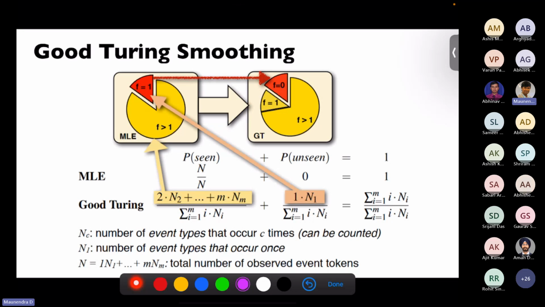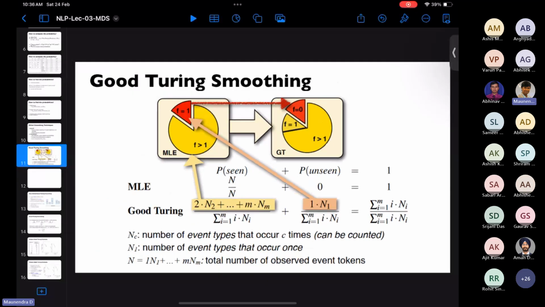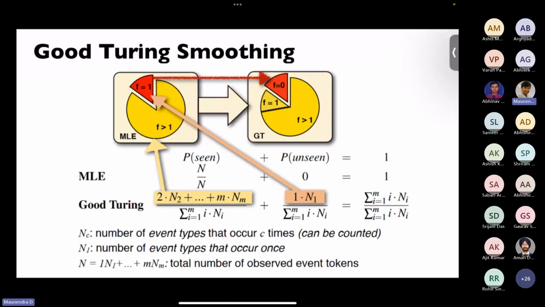Okay, so suppose we are talking about, yeah, thanks for pointing that out. For any gram, say unigram, bigram or trigram, for each possible gram, what is the frequency? We'll see there are some which have frequency 1, there are some which have frequency more than 1. Let us talk about unigrams. Some unigrams are occurring one time, some are occurring more than one time.